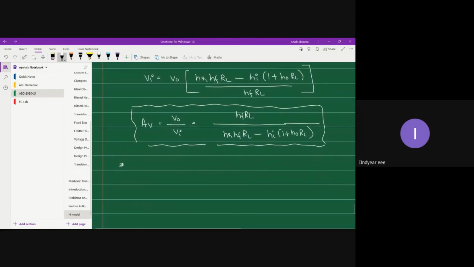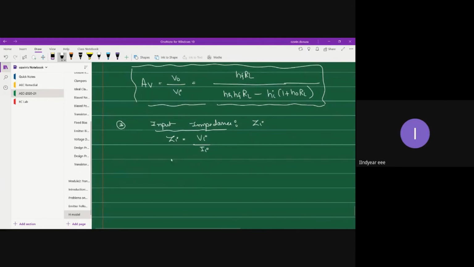Third one, let us consider the input impedance Zi. By definition, Zi is equal to Vi by Ii. So our aim is to take a ratio of Vi and Ii.